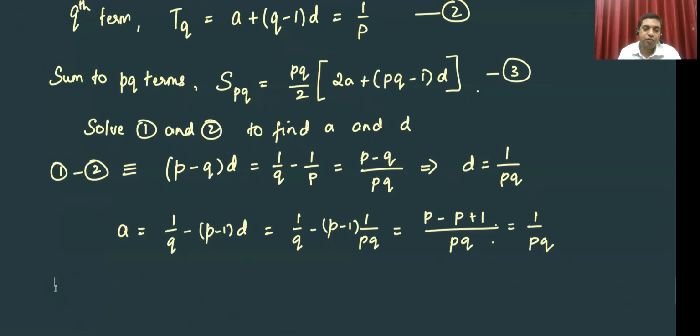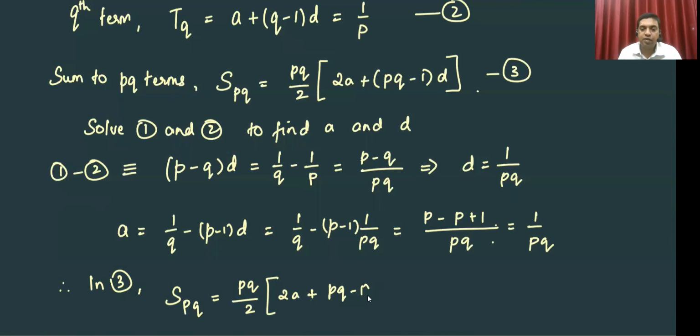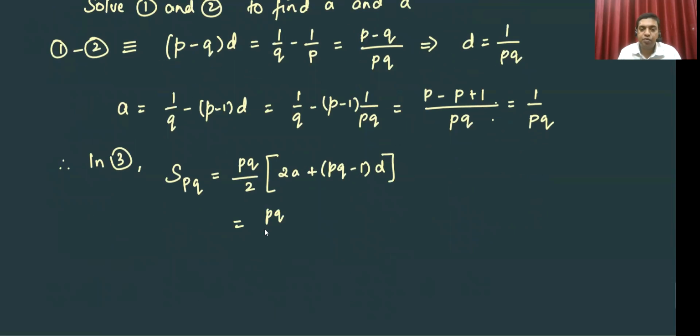Therefore, in 3, S_pq is pq by 2 into 2a plus pq minus 1 times d. You will get this as pq upon 2 times 2 by pq plus pq minus 1 by pq. So pq, pq cancels.